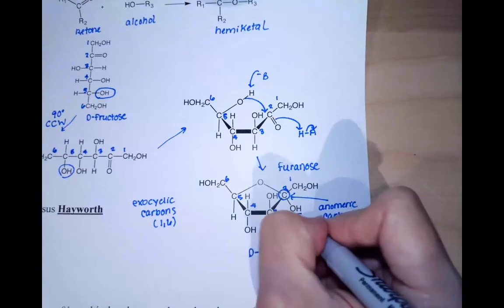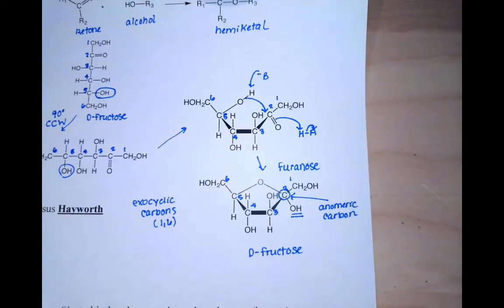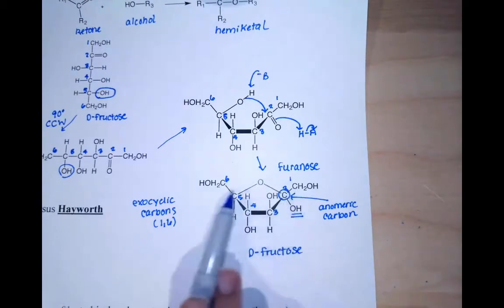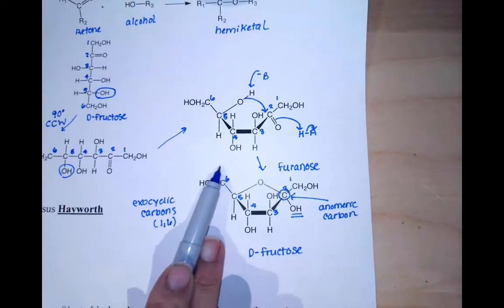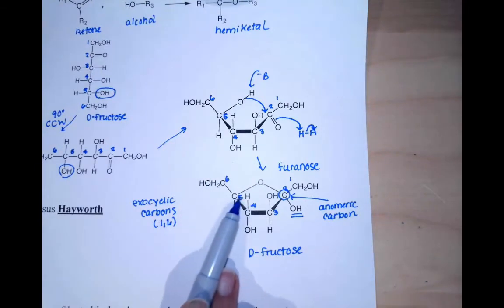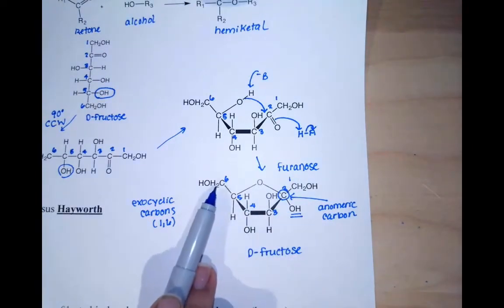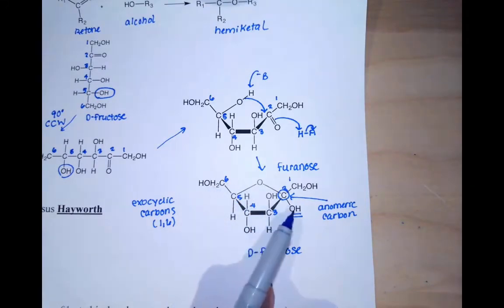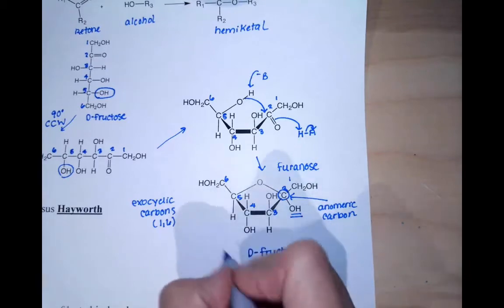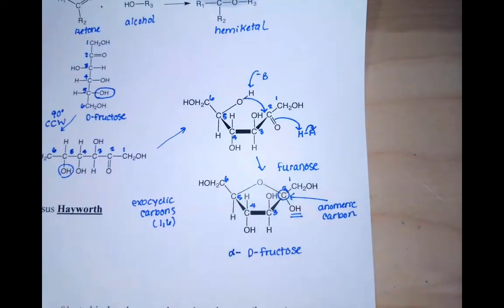This hydroxyl group attached to it, we have to look at its configuration relative to the last exocyclic carbon. So there's actually two exocyclic carbons here. It's carbon number 1 and carbon number 6. Since carbon number 6 is our last exocyclic carbon, that's what we have to actually compare it to. So the hydroxyl group is actually on the opposite side of carbon number 6. That is, it's trans in configuration. So therefore, it's alpha D-fructose.